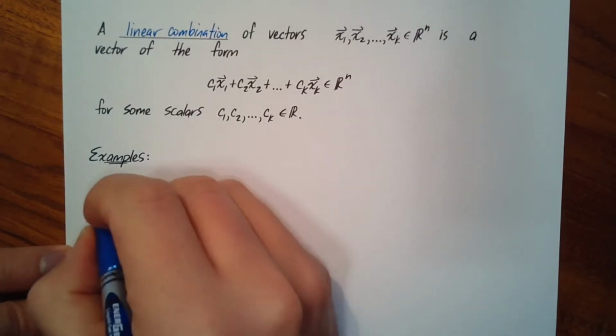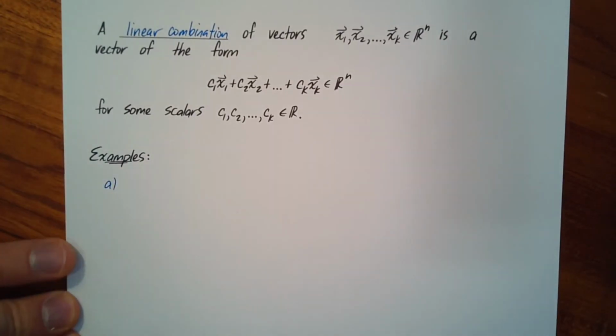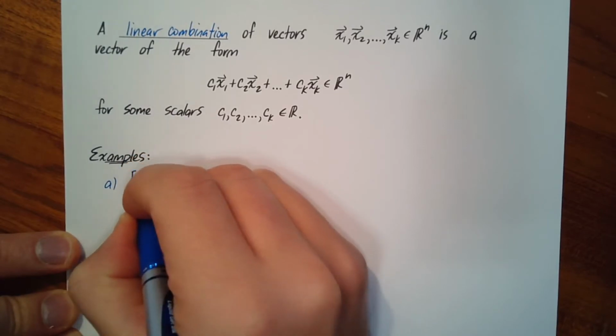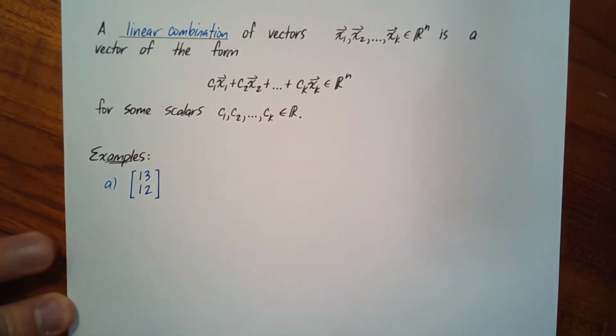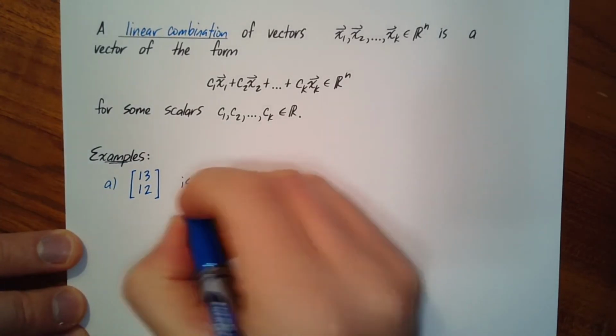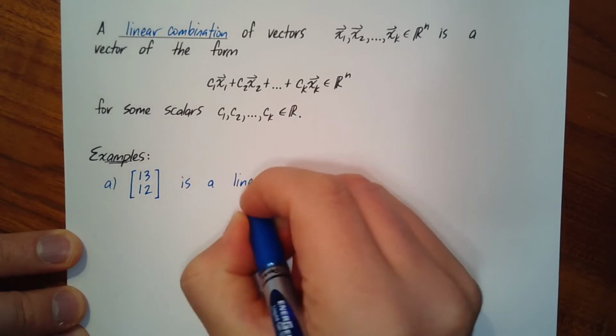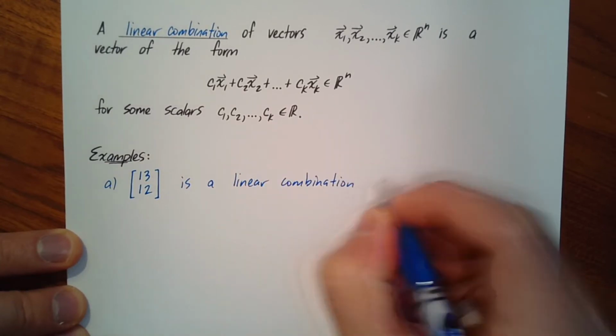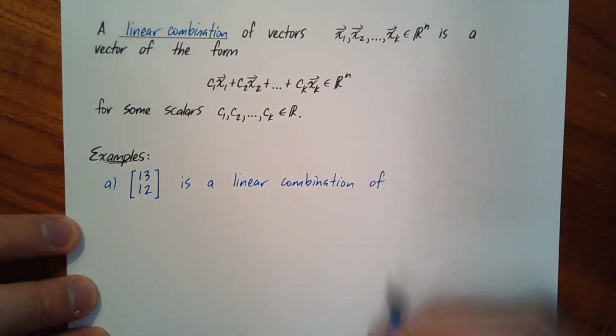And the first one I'm going to show you is the vector 13, 12. And I'm going to claim to you that this vector is a linear combination of 1, 2.